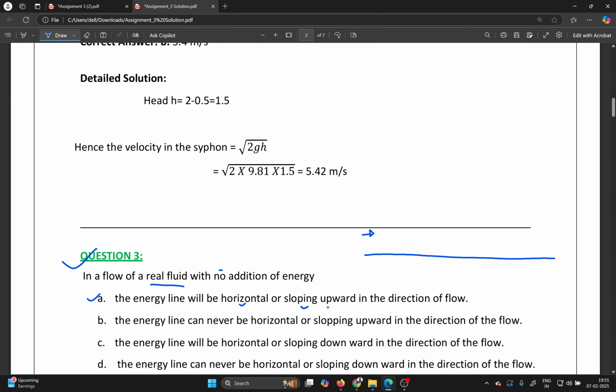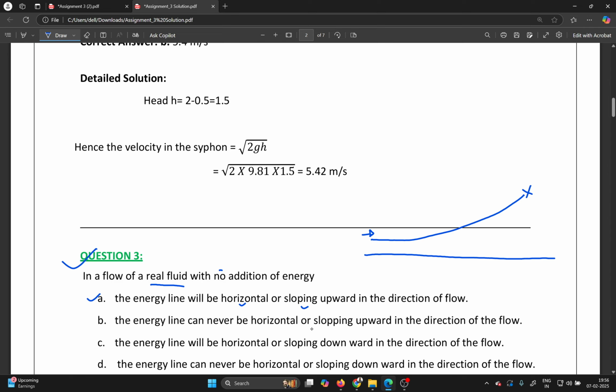Horizontal or sloping upward in the direction of flow, like that, upward. Is it possible? Not possible, because when your fluid moves there is loss of energy, so it may be downward. Can never be horizontal or sloping.